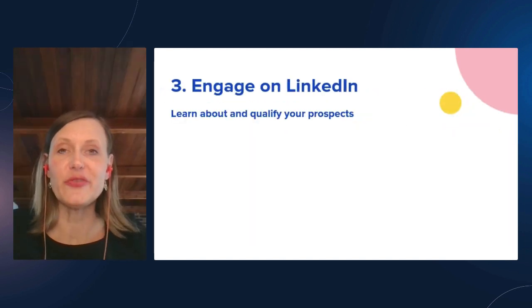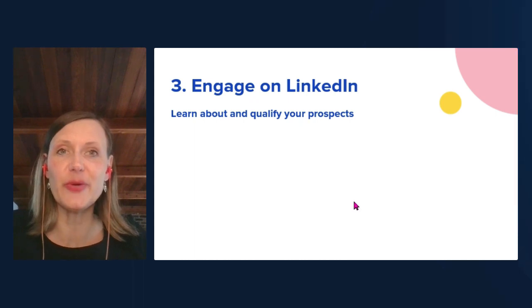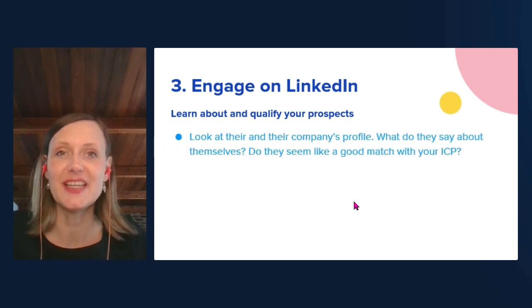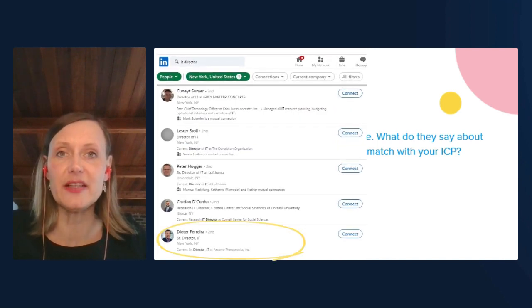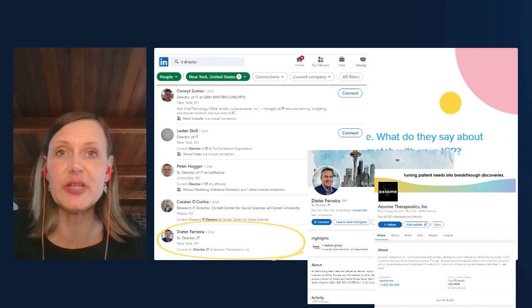Now that we have learned how to find potential prospects, let's talk about how to further qualify them. There are a few ways you can do that before you actually start reaching out to people, and this can save you quite a bit of time. So, what are the things you can do? From your search results, look at people's profiles and also at their company profile and see what do they say about themselves.